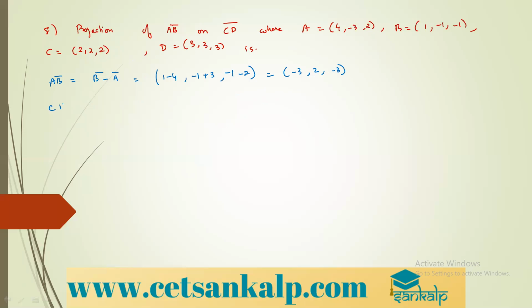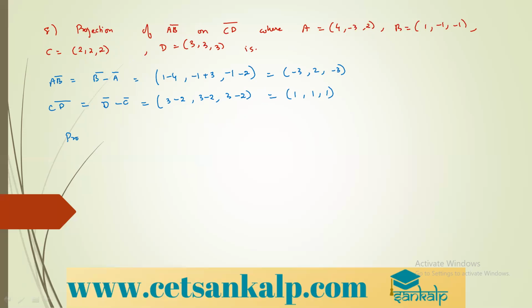Then we have to find vector CD, that is D minus C. For that, 3 minus 2, 3 minus 2, 3 minus 2. That means (1, 1, 1).